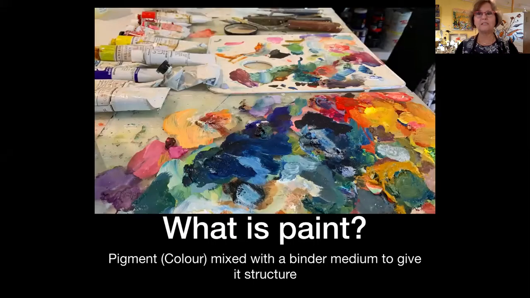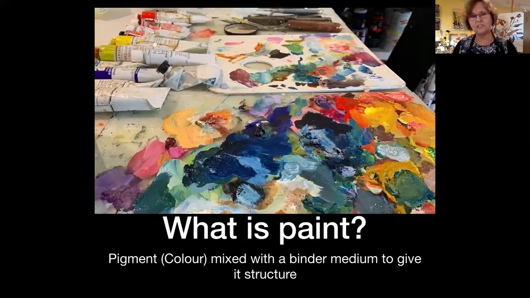Now I'm going to take you through the different types of paint briefly, and I'm going to show you a bit of paint on the paper. So it's pigment mixed with a binder to give it some structure.